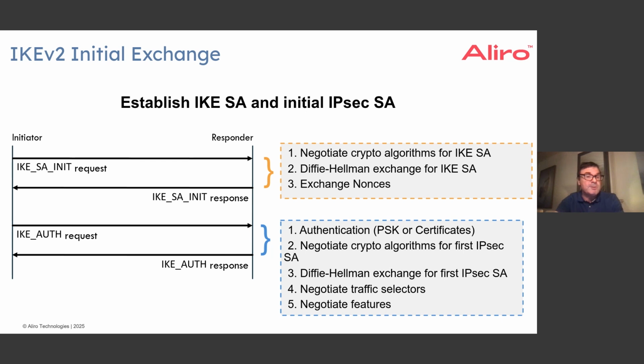Third, it may do, optionally, another Diffie-Hellman exchange for the first IPsec security association. Fourth, it will negotiate traffic selectors which identify the flows of traffic that are protected. And fifth, it negotiates the use of optional features. So I went through them pretty quickly, but I'll show all of these steps in more detail in the next couple of slides.